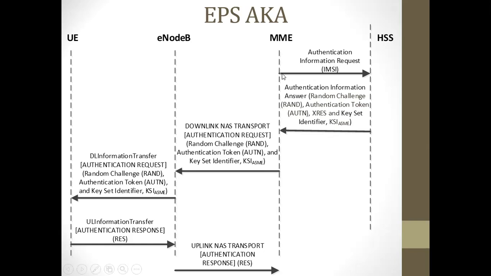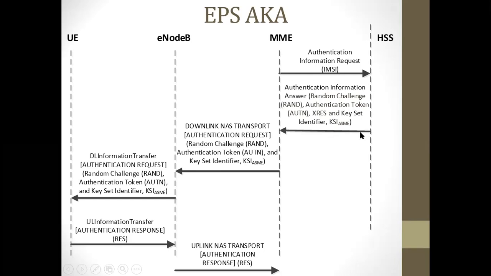The HSS has the permanent key. It knows that there is a permanent 128 bits long key. The UE also has that permanent key, stored in the SIM. So once it receives AUTN, it can validate that the network is okay, and using K and the random number, it can generate RES, the response, which is actually nothing but what the HSS also generated.